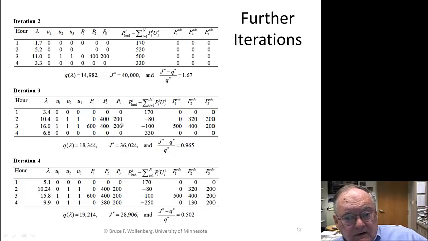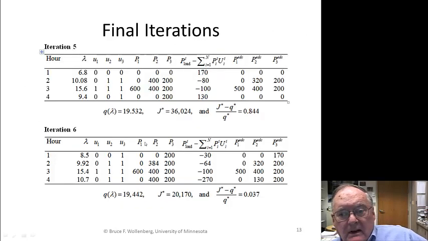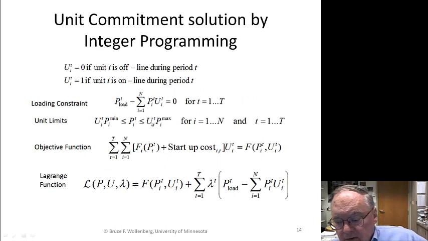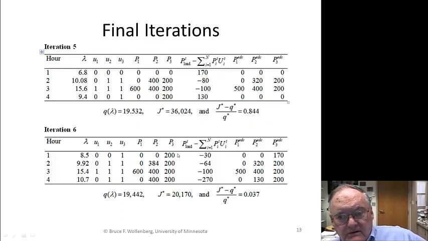And I'm starting to get more units committed, and by iteration number 4, I have generators committed all the way through hours 2, 3, and 4. And finally, this is iteration 5, and this is iteration number 6 down in here.